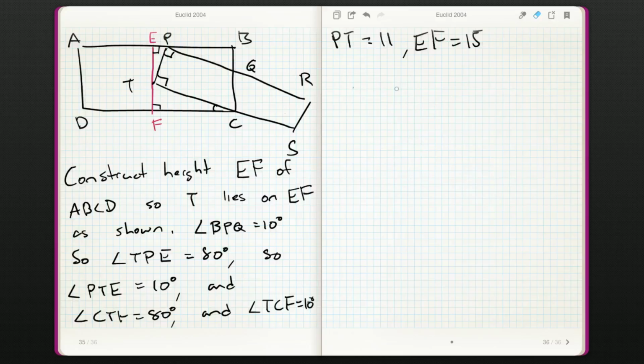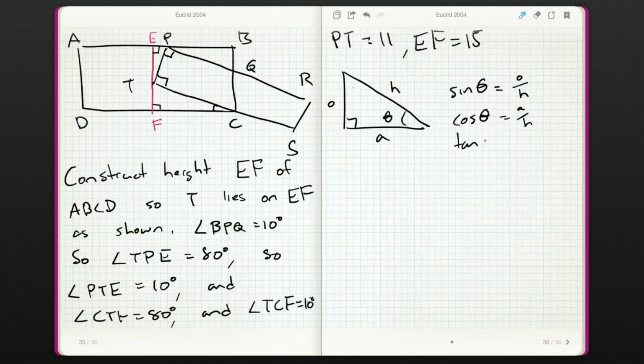So, for those of you not in the know, for those of you who don't remember your trig, if we have an angle here, and it's in a right angle triangle, we have the opposite side length, we have the adjacent side length, we have the hypotenuse. Sine of theta is opposite over hypotenuse. Cosine is adjacent over hypotenuse.